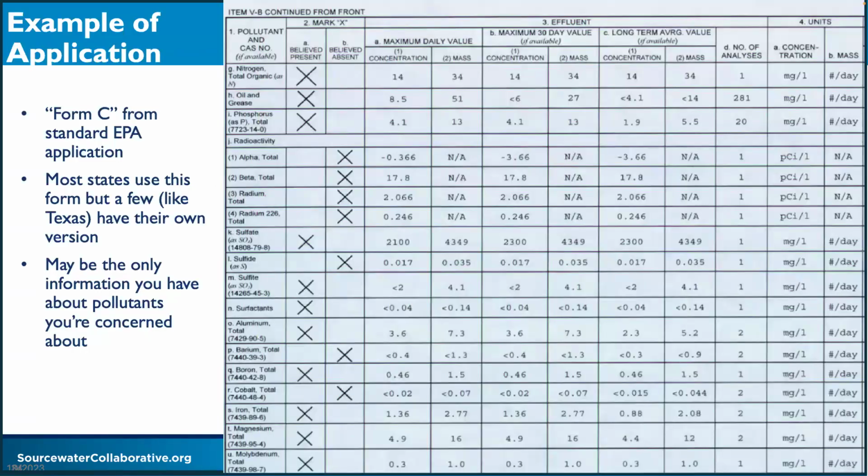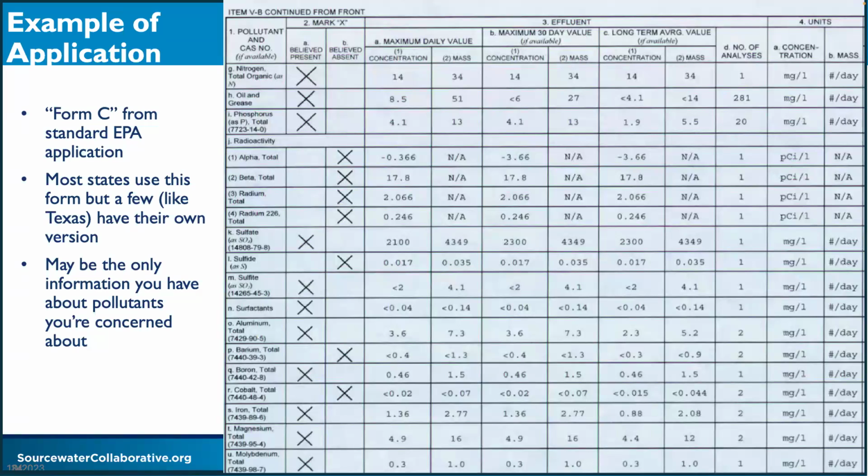So permit applications can be a little scary. They're often huge, especially if it's a large industrial facility. But most states will follow an EPA standard application, and Form C can be very useful for you. This is the part of the permit application that lists lots and lots of pollutants that are not typically monitored in your permit, that you won't see in ECHO.